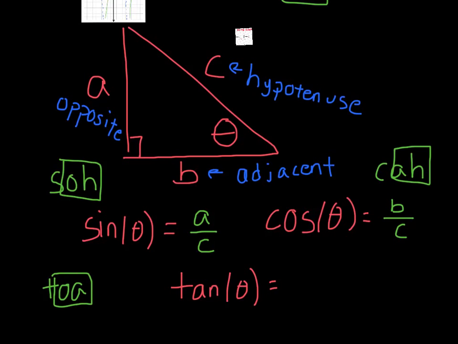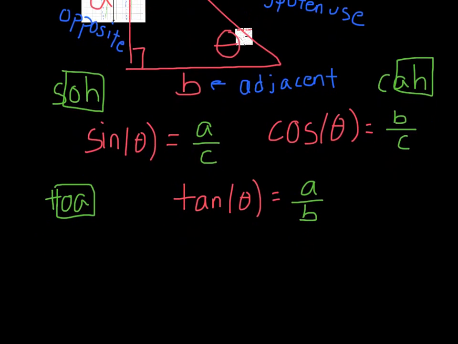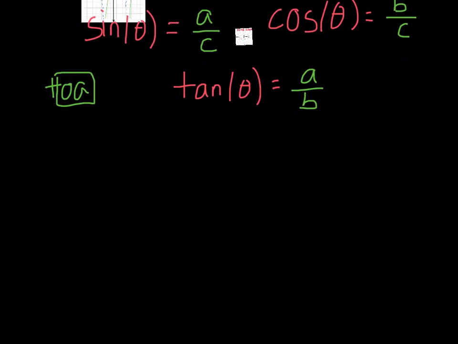Opposite over adjacent. So this is our opposite side, this is our adjacent side. So we can write this as A over B. These three equations here will help you solve many, many problems with trigonometry.